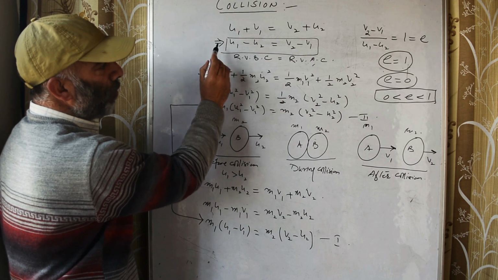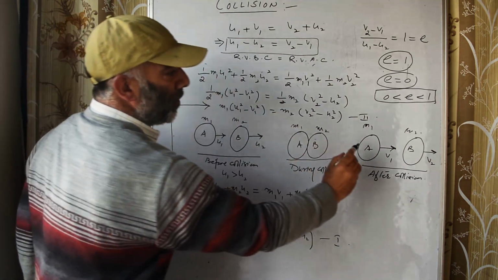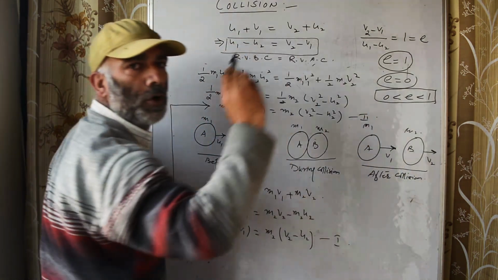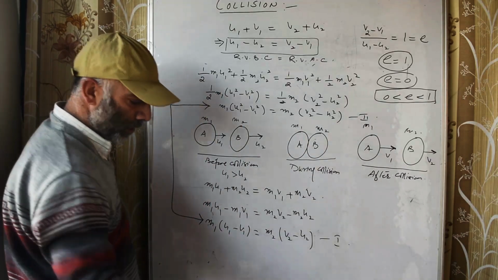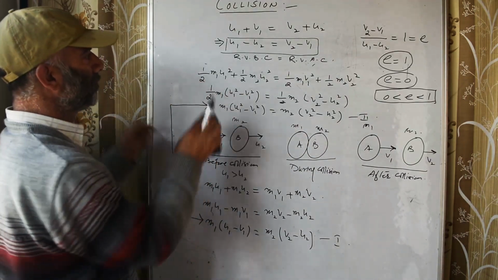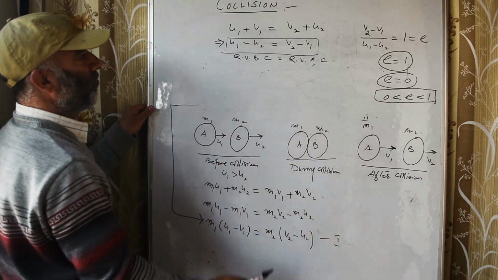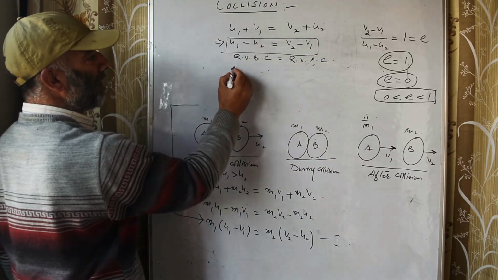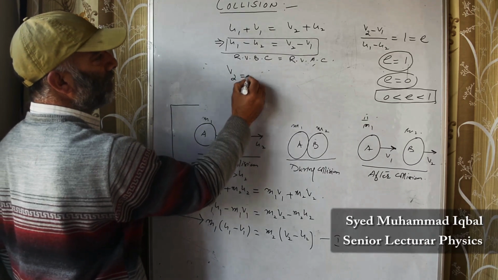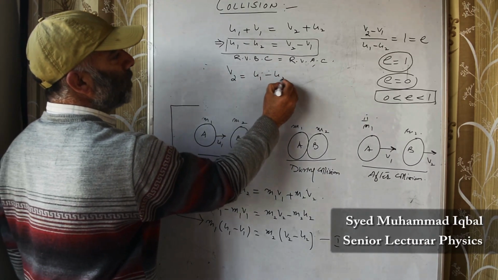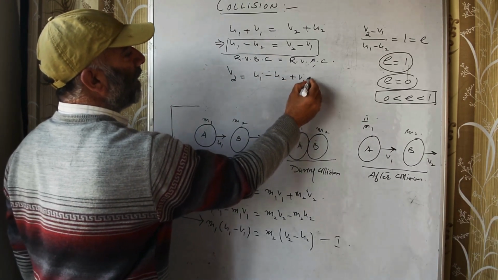Equation. With the help of this equation, we can calculate the velocities of the two bodies after collision. So how? Easy way. From this, my students, we can write V2 is equal to U1 minus U2 plus V1.